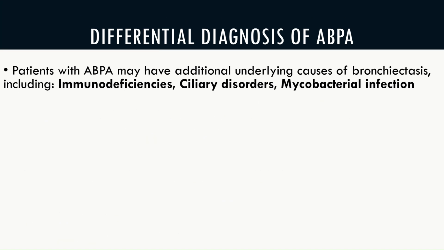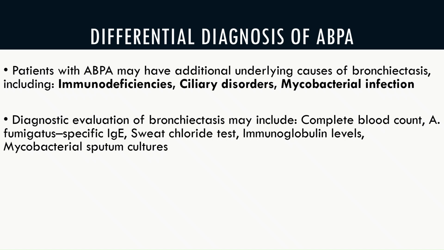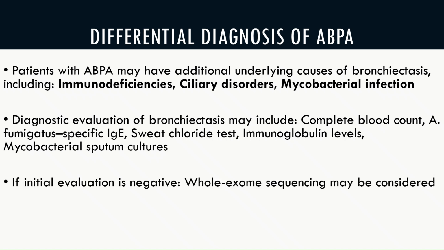Patients with ABPA may also have underlying causes for bronchitis. These causes may include immunodeficiencies, ciliary disorders, or mycobacterial infections. Therefore, it is important to search for other causes of bronchitis when evaluating these patients. The diagnostic workup may include a complete blood count, Aspergillus fumigatus specific IgE testing, sweat chloride testing, measurement of immunoglobulin levels, and mycobacterial cultures from sputum.